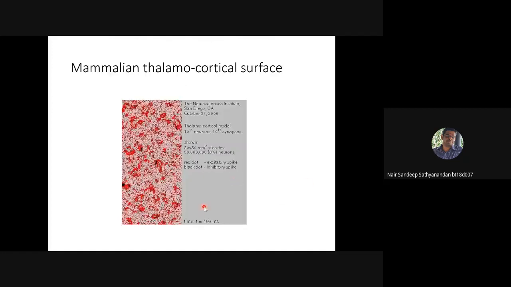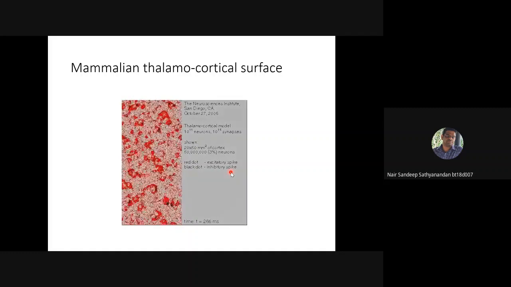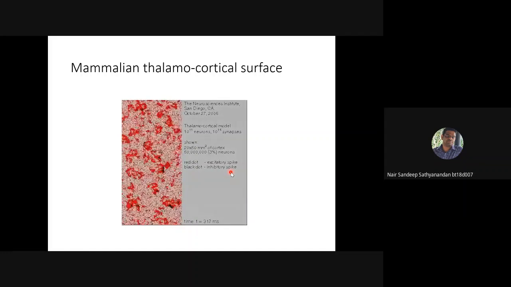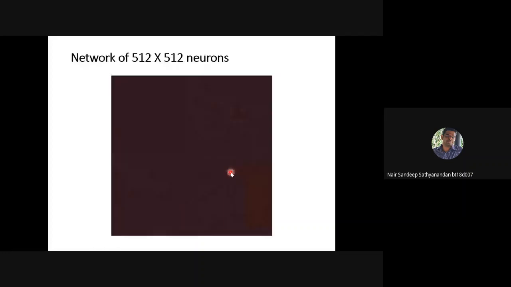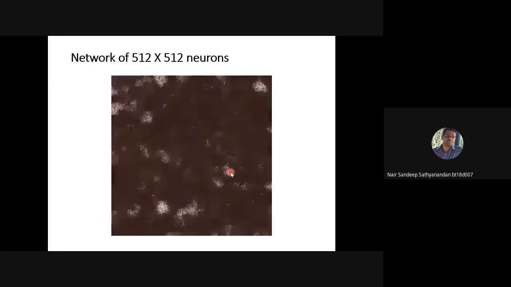And this is a typical mammalian thalamocortical network. The red dots indicate the excitatory spikes, and the black dots indicate the inhibitory spikes. So this is a raster plot, and we can see the spiking nature. This is a network of 512 by 512 neurons.